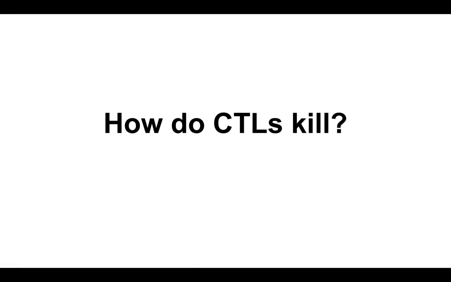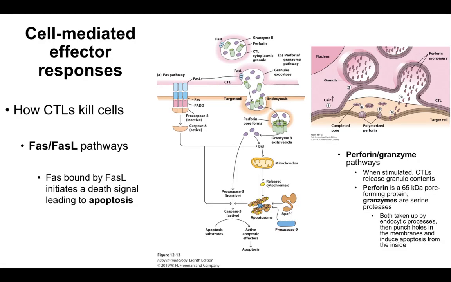How do those cytotoxic T lymphocytes actually kill? There are two main mechanisms. They can kill through perforin and granzyme pathways. Perforin basically pokes holes in the surface of a cell when it's released, and granzymes are proteases which can help destroy the target cell. And there's the Fas ligand pathway.